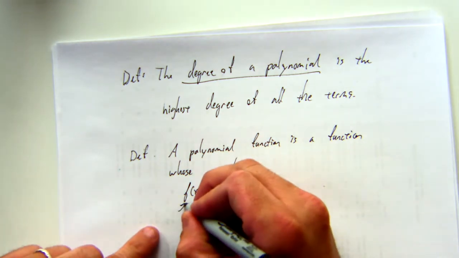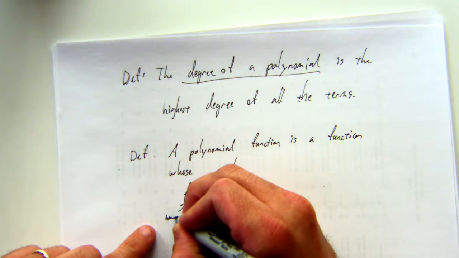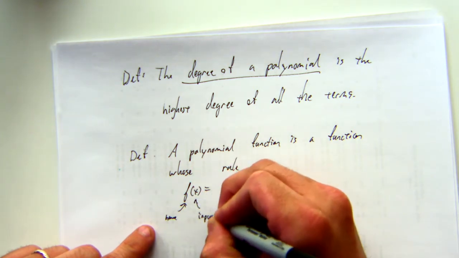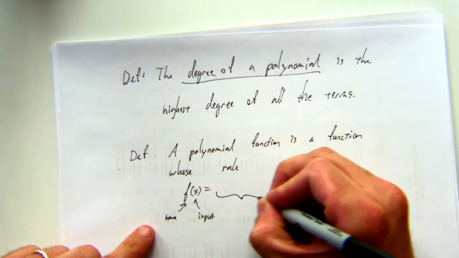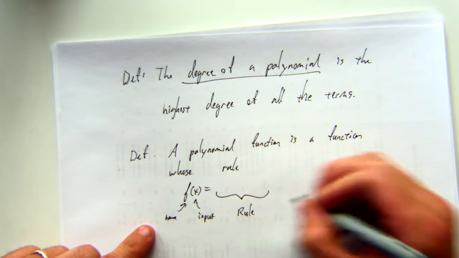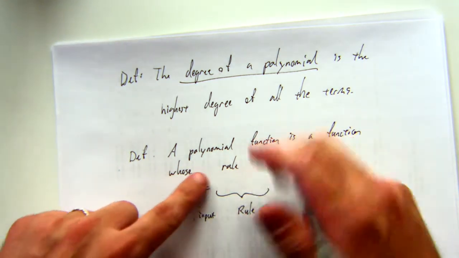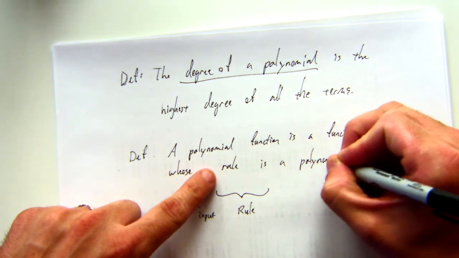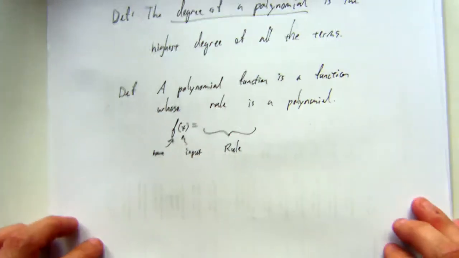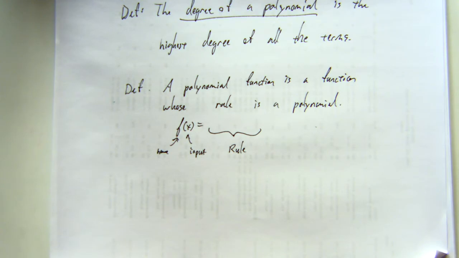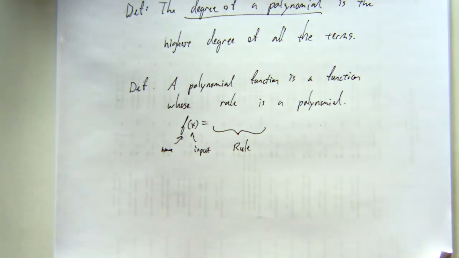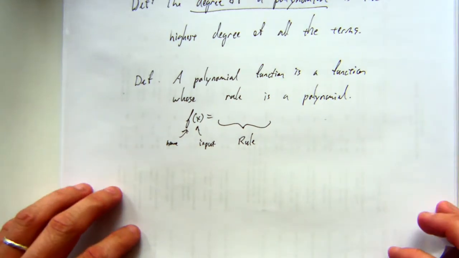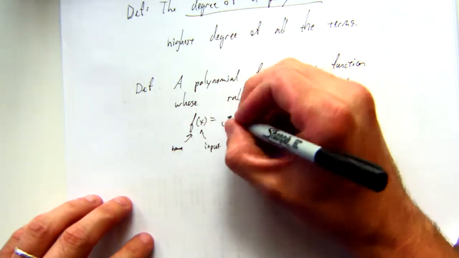This was the name, this was my input, and then everything over on the right hand side, this was my rule. So a polynomial function is a function whose rule is a polynomial. Pretty intuitive definition. So we'll give an example.